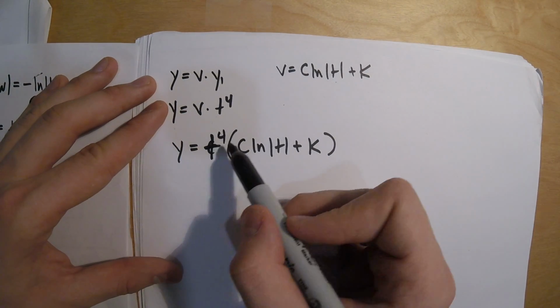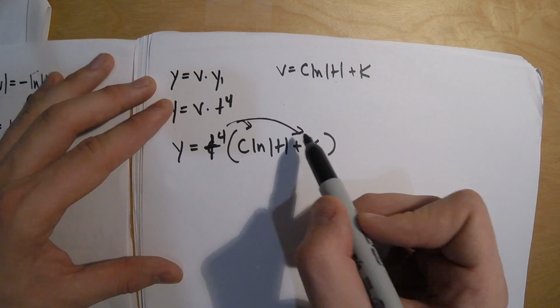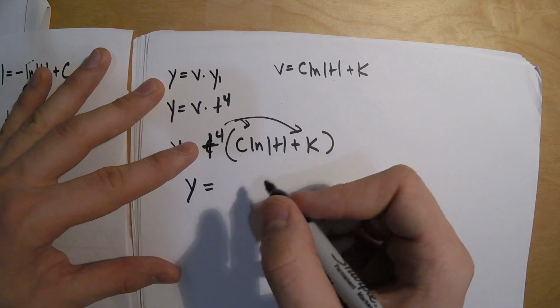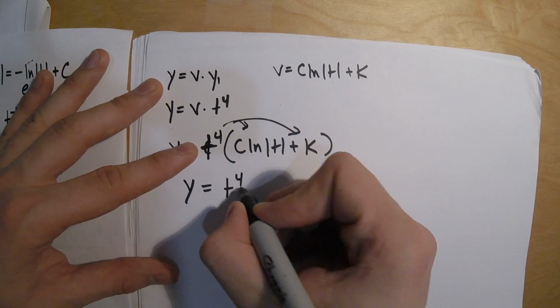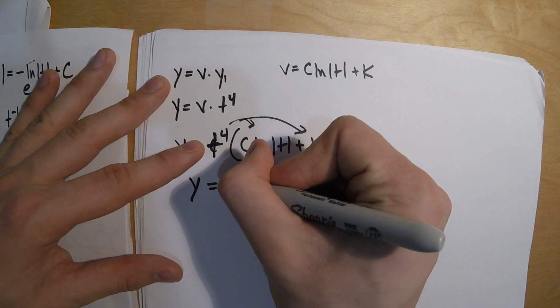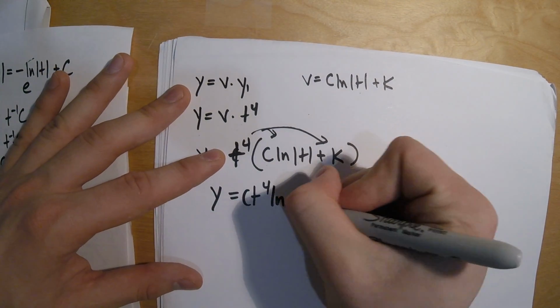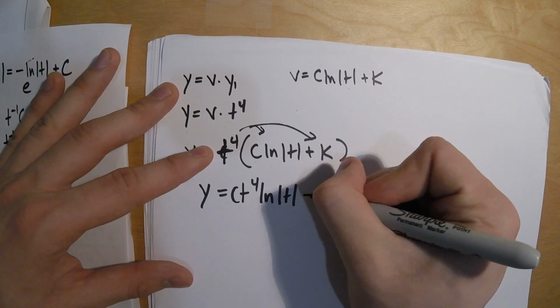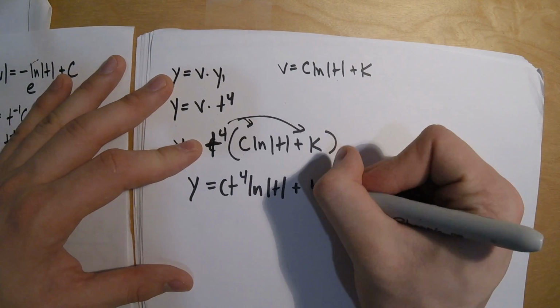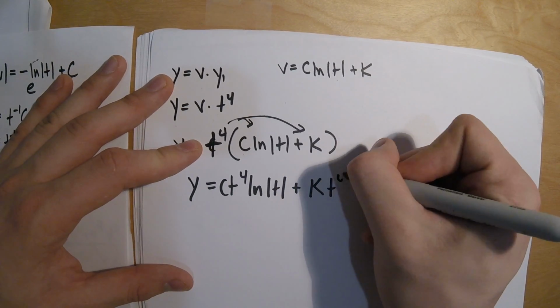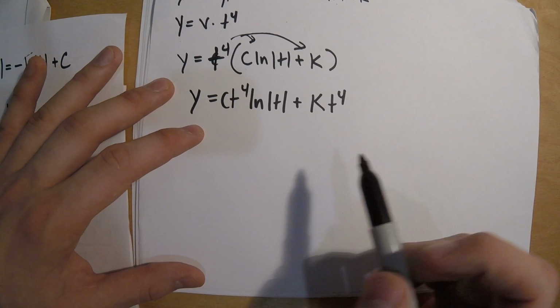When we distribute, we get y equals c t to the 4th ln of t plus k t to the 4th.